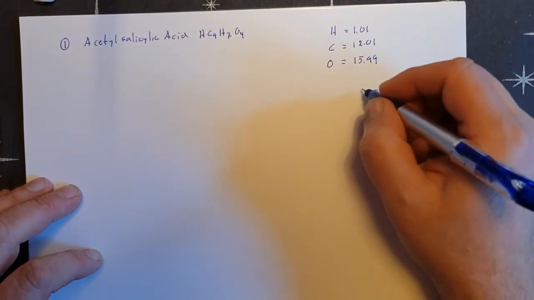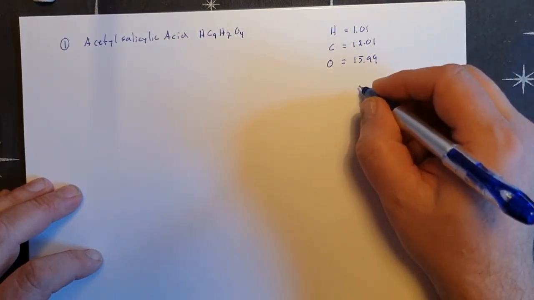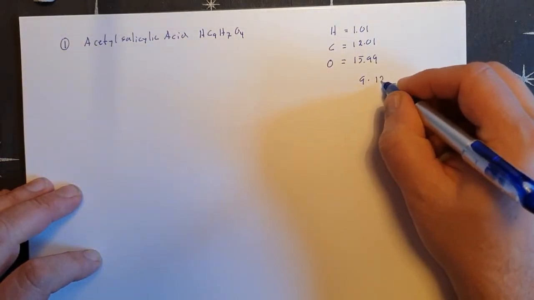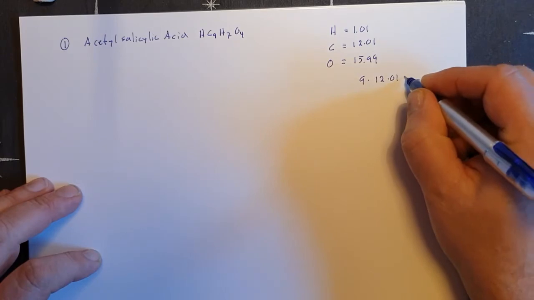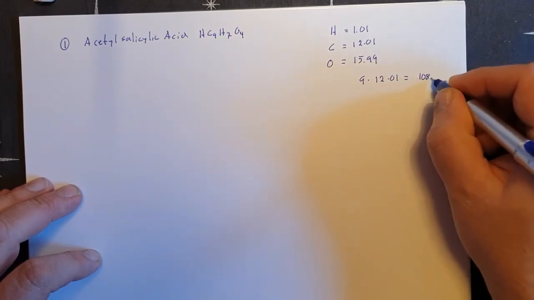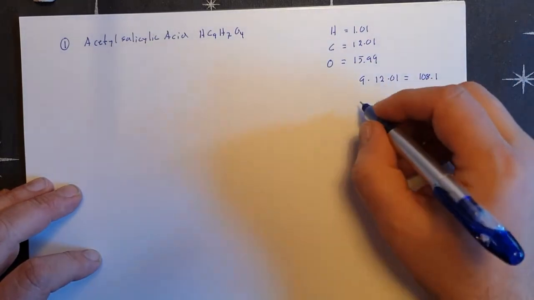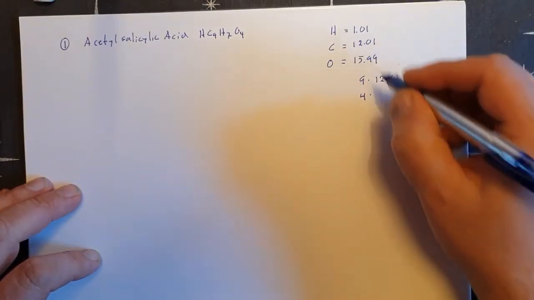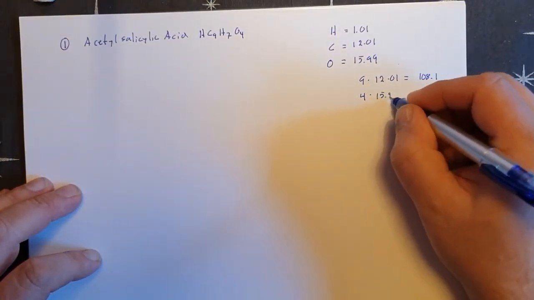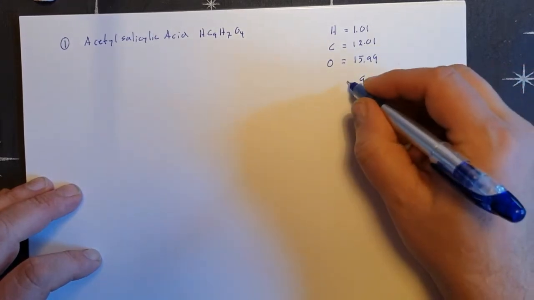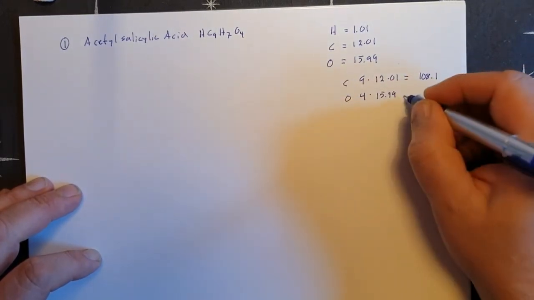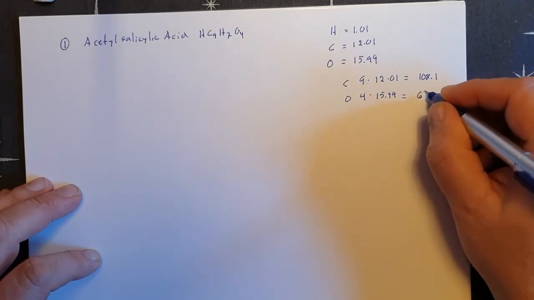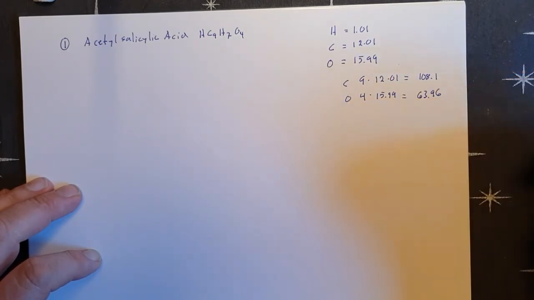And if we write it, we can find the molar mass really quickly. We can see that there are 9 carbons, so 9 times 12.01 equals 108.1. And then we have 4 times 15.99, which is oxygen, which is then 63.96.